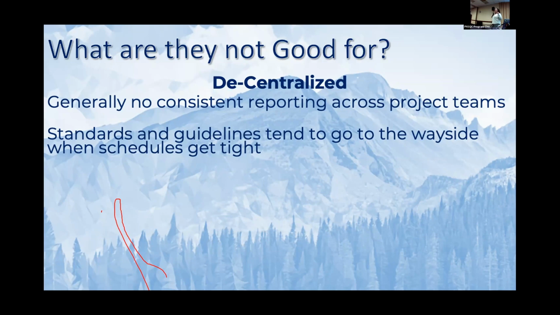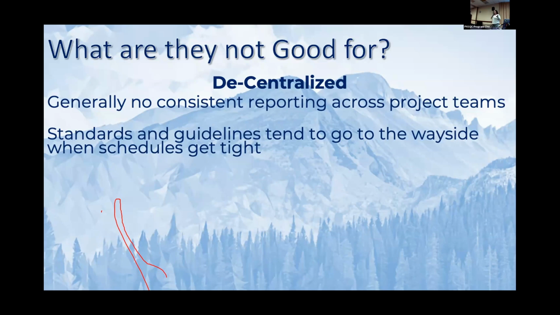In most cases, when schedules get tight, testing generally goes to the wayside a little bit. You want that strong advocate to be able to advocate for the testing that needs to happen. In a decentralized approach, you might not get that type of advocacy and support from that engineering manager if they're also responsible for delivering code or delivering solutions on time.